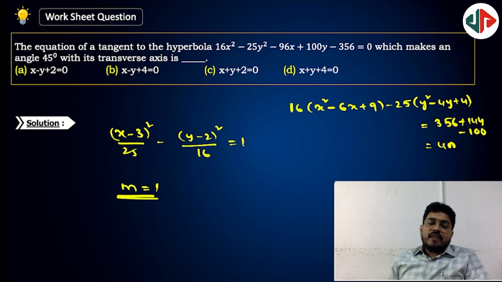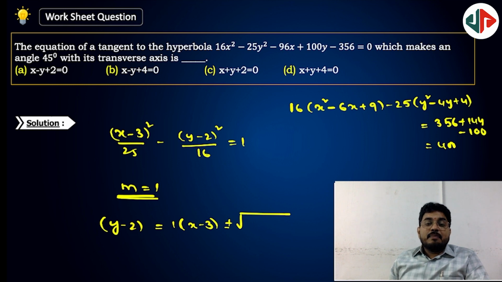So instead of y, you write y minus 2 is equal to, because of shifting the origin, m into x minus 3 plus or minus root over a square m square minus b square. So that is 9.